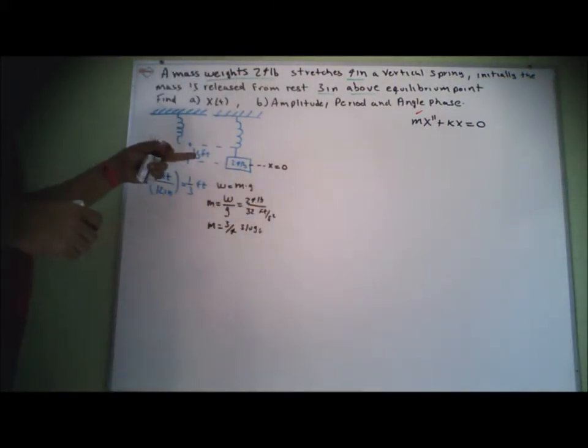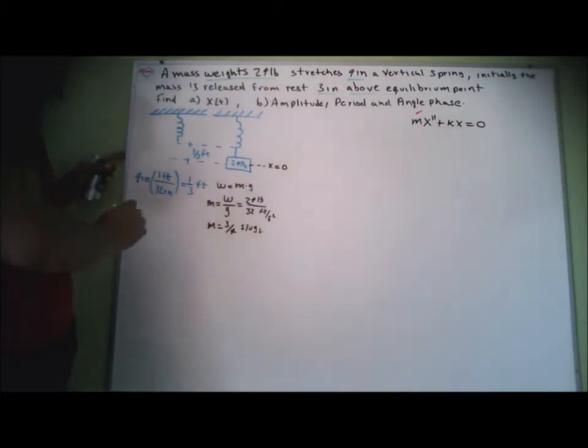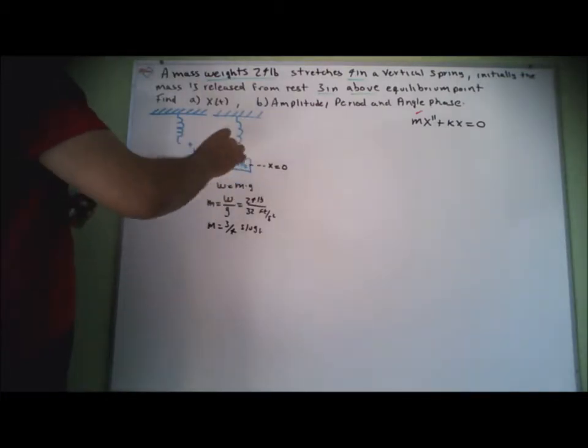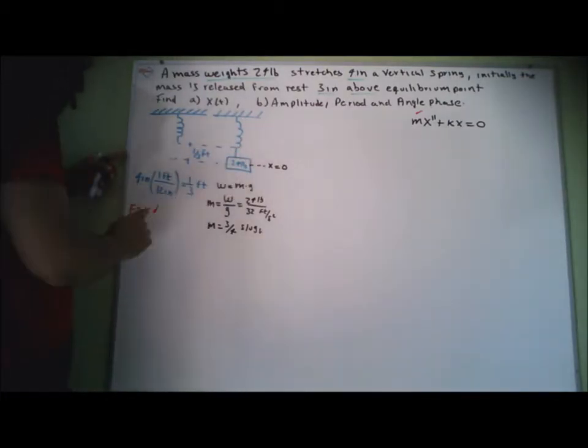Now, that's the m, and for the k, Hooke's law says that the force is proportional to the distance. Here is the information: 24 pounds was the weight, the force applied, and the distance was 1/3 of a foot. So k is equal to this, moving to the other side, and that is going to be 72.